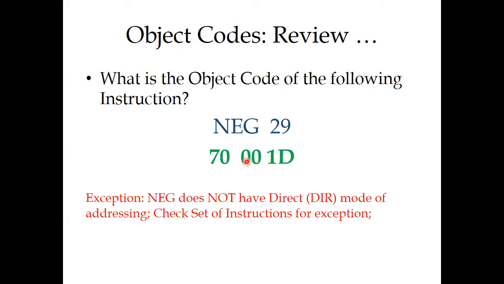And then it knows that since you wrote NEG, the next 2 bytes will be the operand. Because think about this, have you ever wondered how the microprocessor knows which one is the instruction, which one is the opcode and which one is your operand? Because all look the same, right? Because all are binaries. This is how the microprocessor knows it. For example, when the microprocessor reads 70, it knows that you are writing NEG, and then it also knows that the next 2 bytes will be your operand.